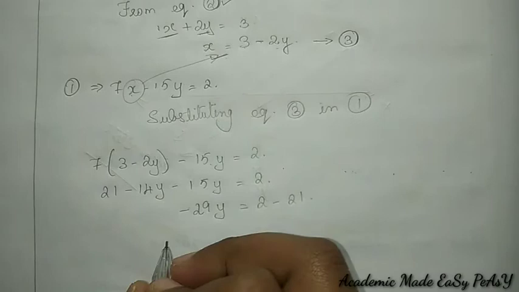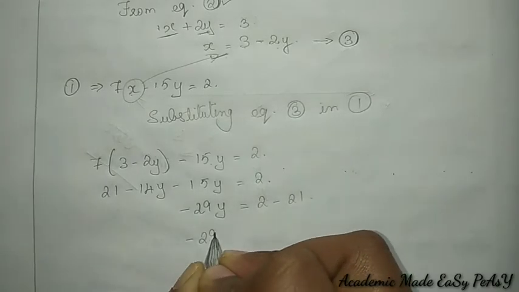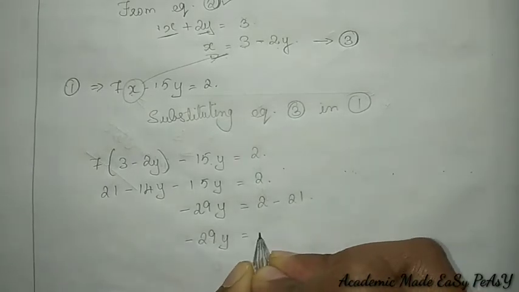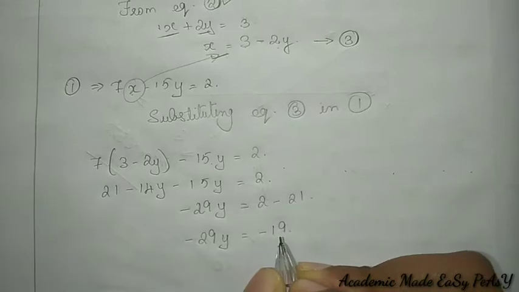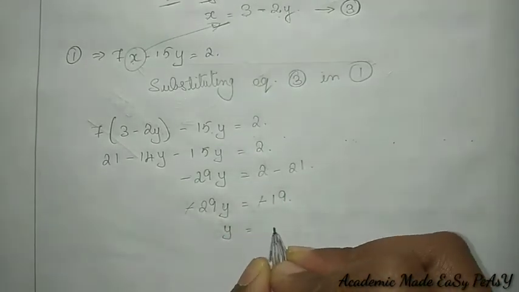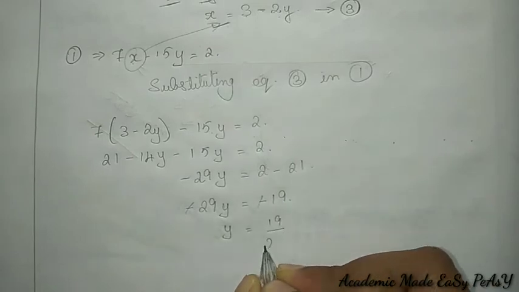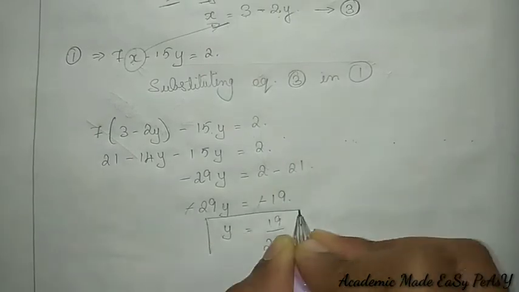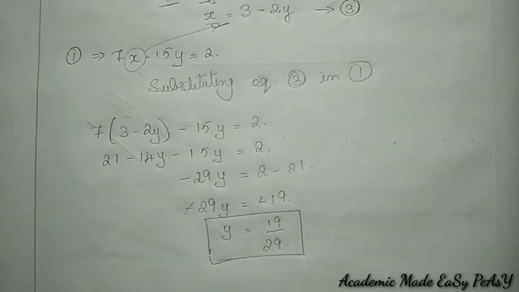So minus 29y is equal to minus 19. So y is equal to, minus and minus will get cancelled, 19 by 29. This is the value for my y.